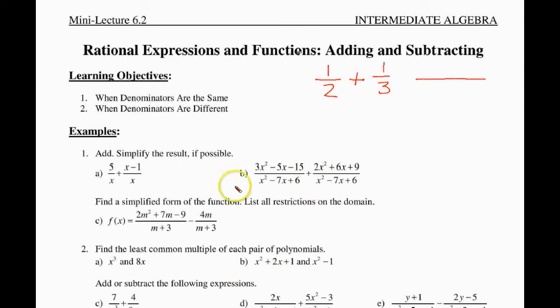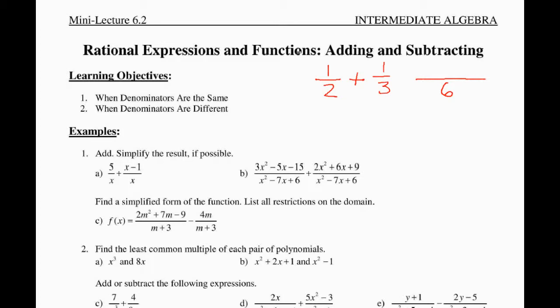So we're going to be doing that with these rather complex things down below, but this is the process. What is the common denominator between these? Well, for something as simple as this, just multiply the two together and you get 6.